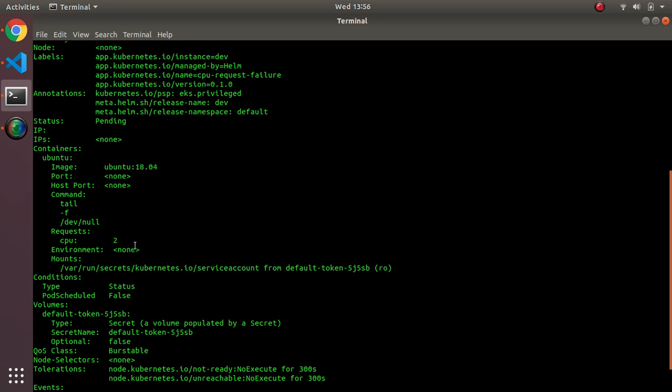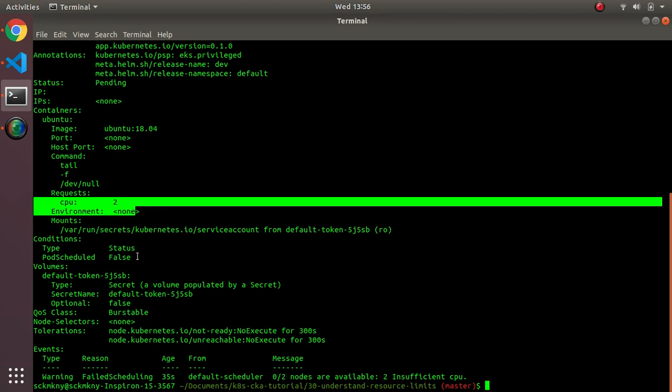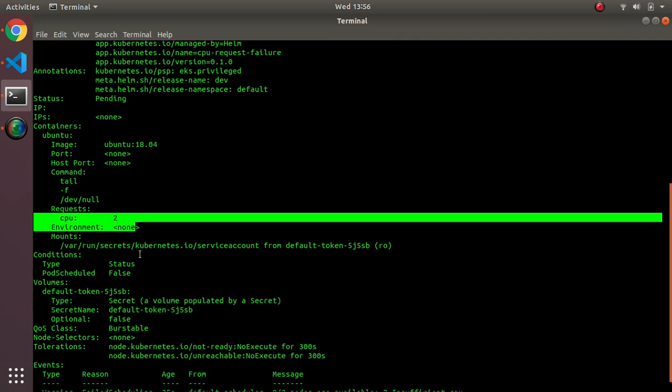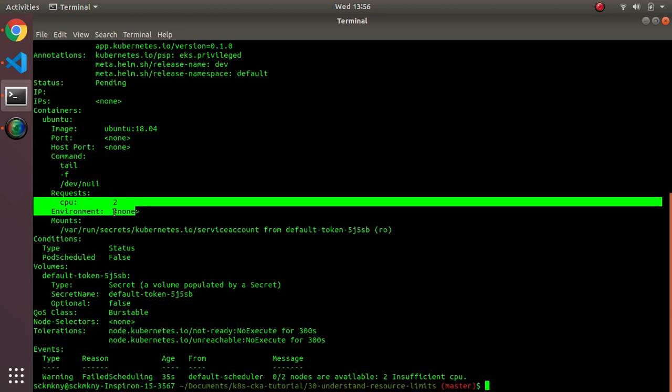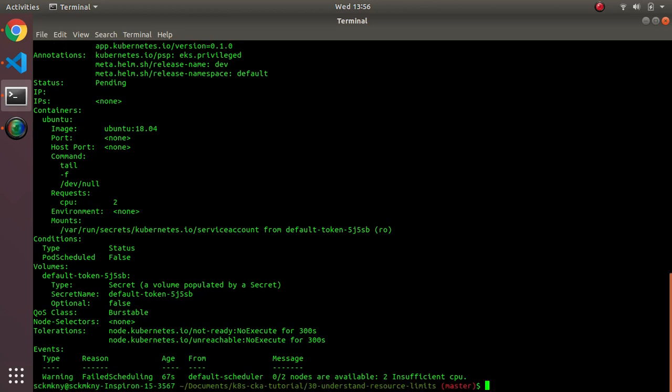That's because we asked for 2 CPUs. The pod is going to basically sit here, and it's going to keep on retrying, right?